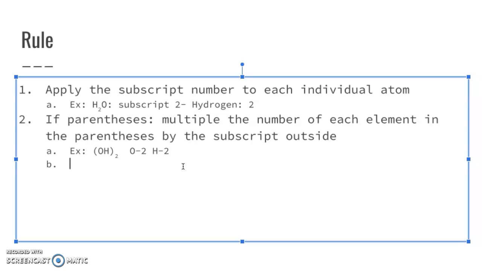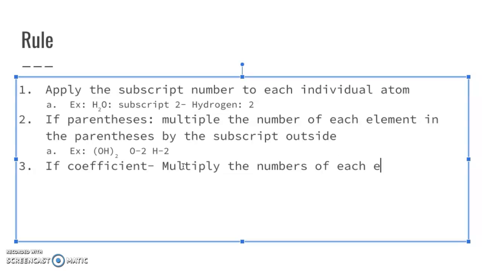My third rule, if there is a coefficient, I multiply the numbers of each element by the coefficient. Right?